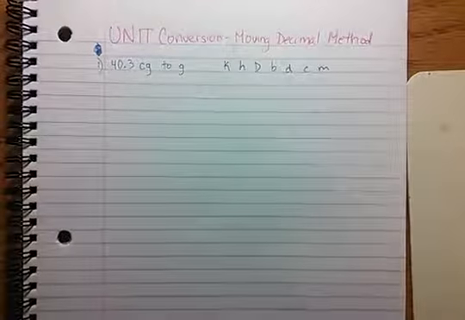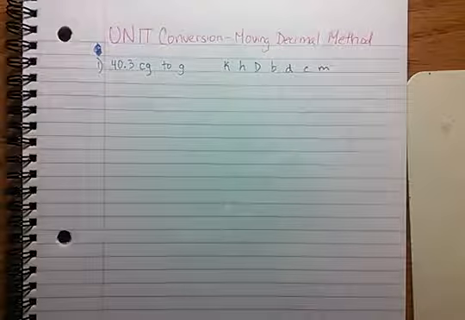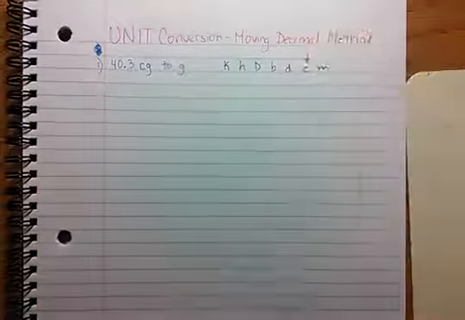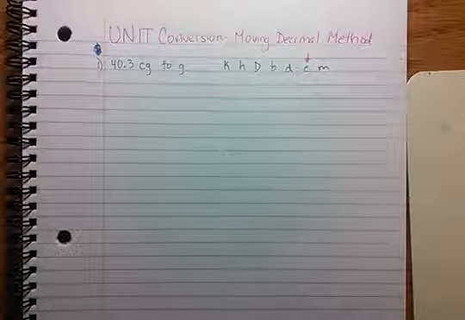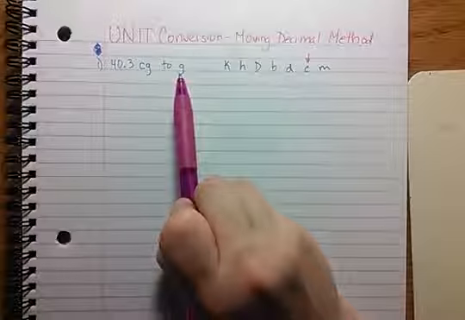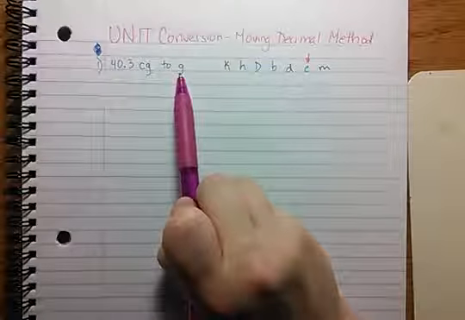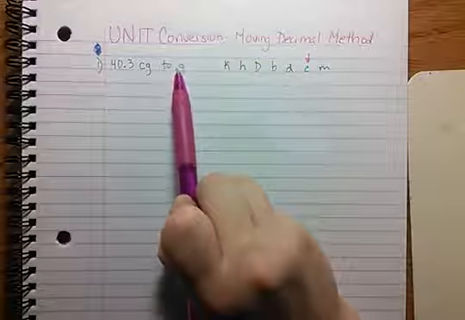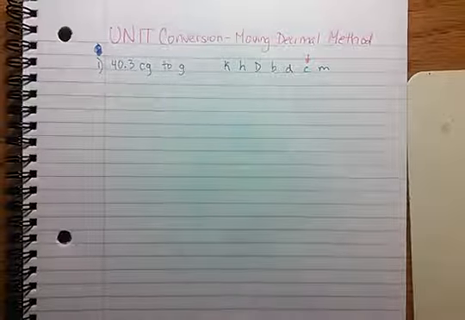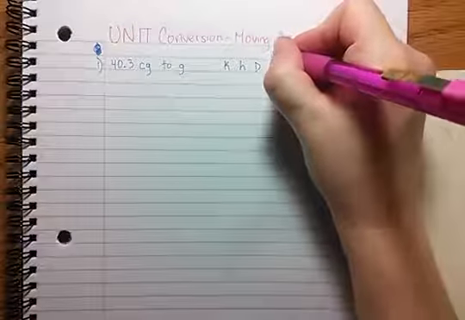Well, our first unit here is centigram, so we're starting at C. And where are we ending? So we want to go to g. What does g mean? Well, g is a base unit. It's just the gram. We know that because there's no prefix here. So we are going to base unit.